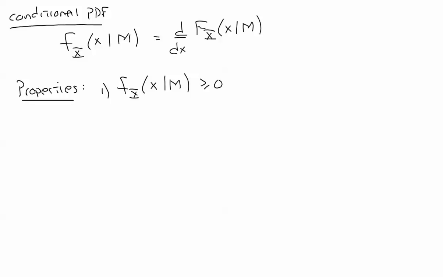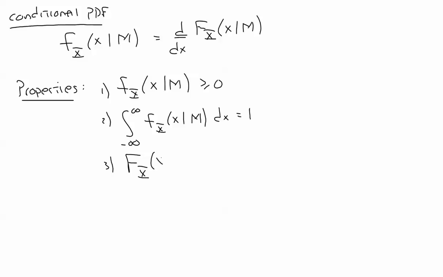Another property: its area is 1. I can find the conditional cumulative distribution function by taking the indefinite integral of the conditional PDF.